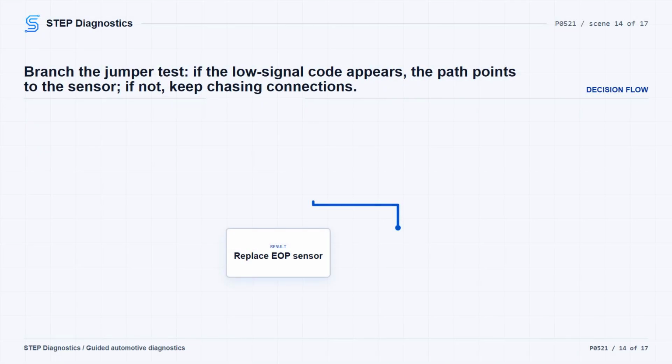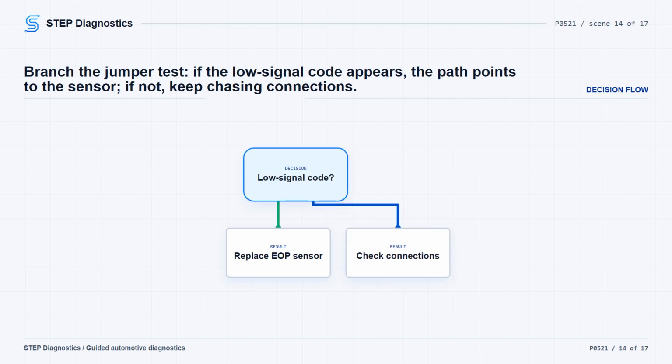Turn the ignition on and read codes with the scan tool. If the scan tool shows the sensor signal circuit low code with the jumper in place, the diagnostic path supports replacing the faulty sensor, then verifying the repair and confirming the code stays gone. If the PCM does not detect that low signal condition, continue to the connection checks.